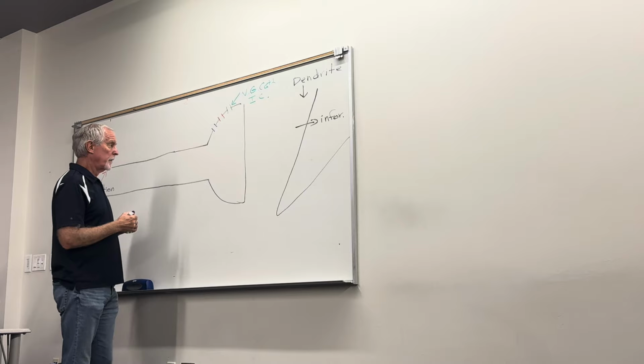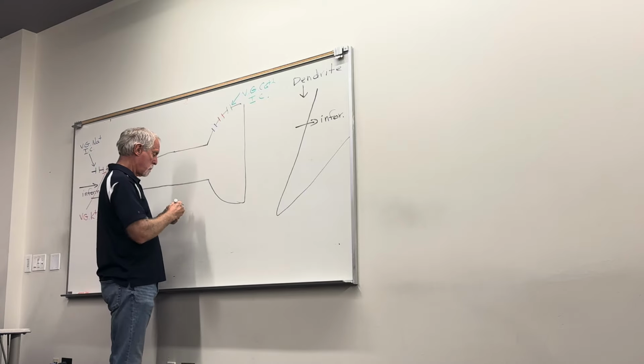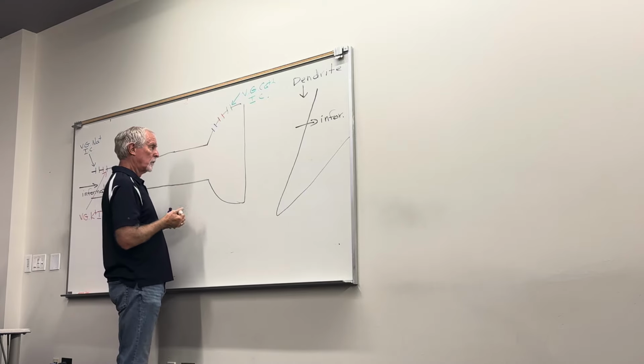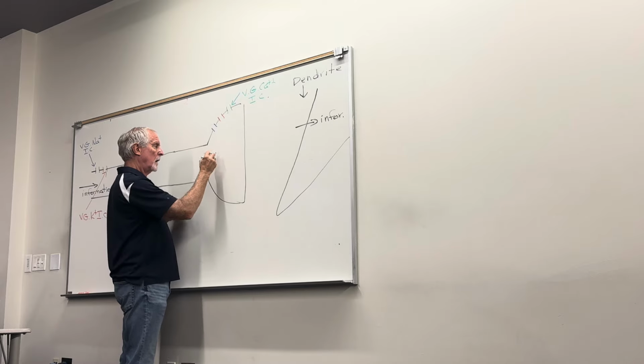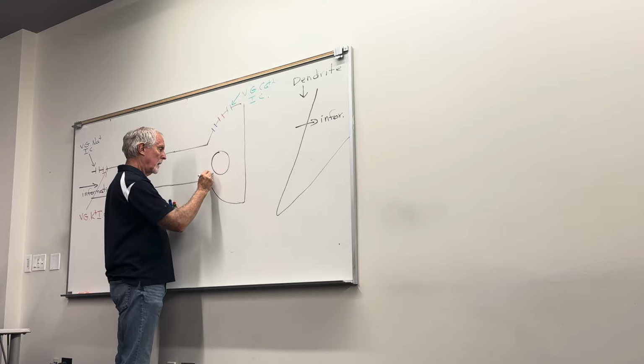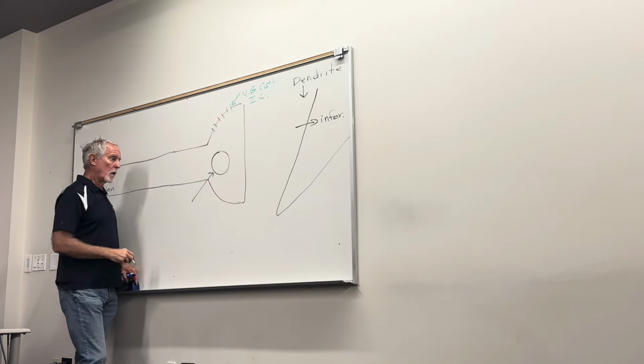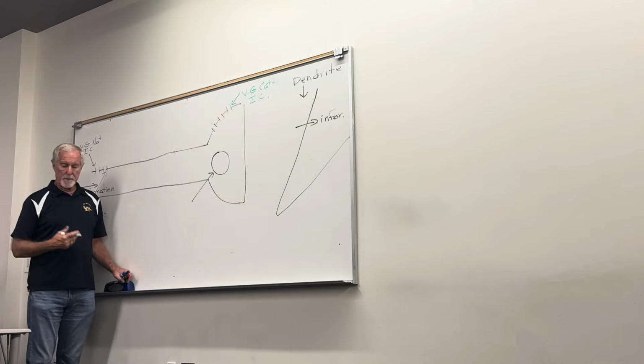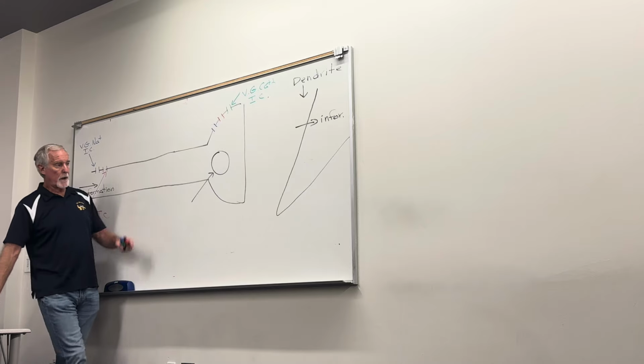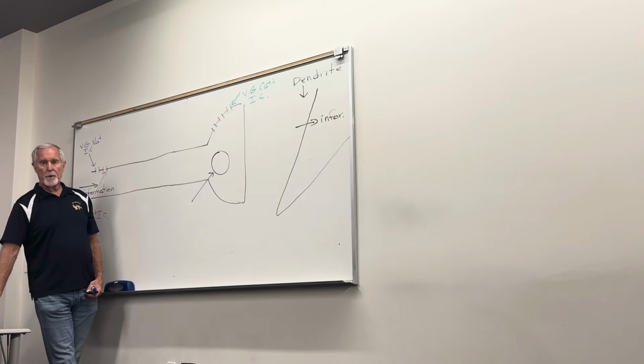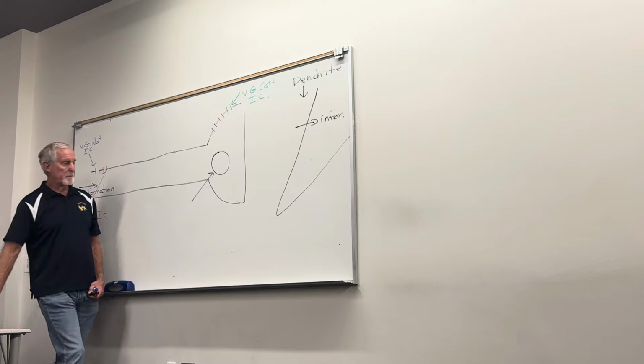And located within the axon terminal, we've got these vesicles. And the molecules that are going to be used to talk to this other cell, we're going to refer to those as neurotransmitters.